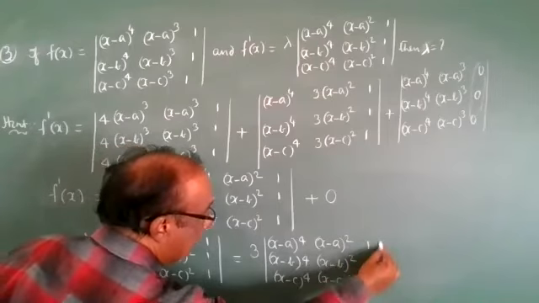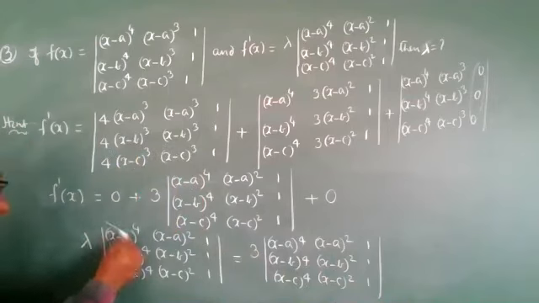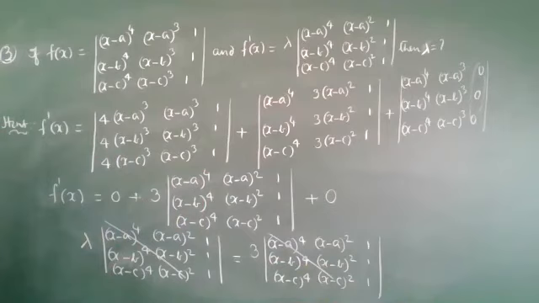Actually not necessary to expand; we can understand both are equating, this and this is cancelled. What is the lambda value? Lambda is equal to 3.